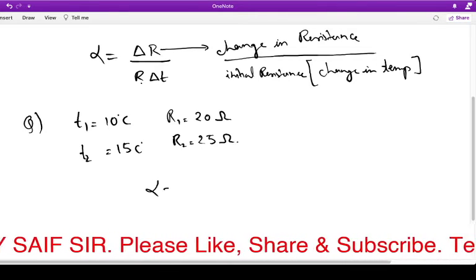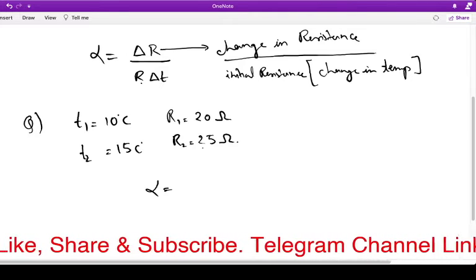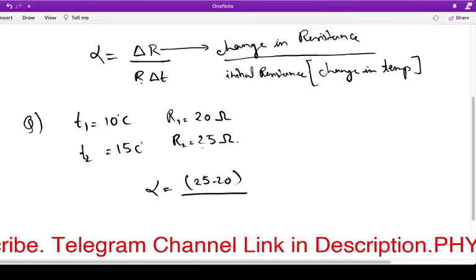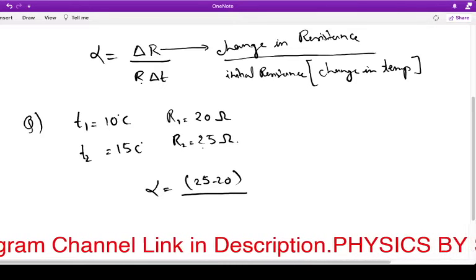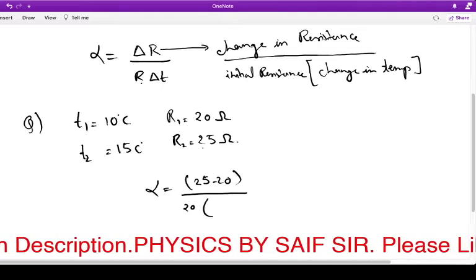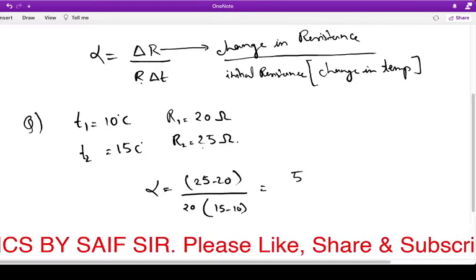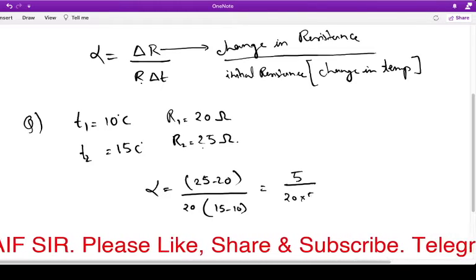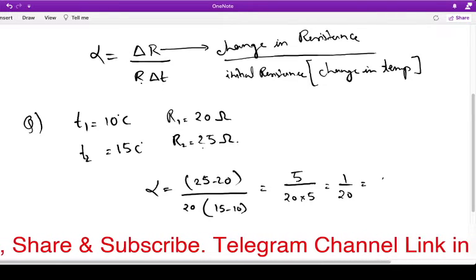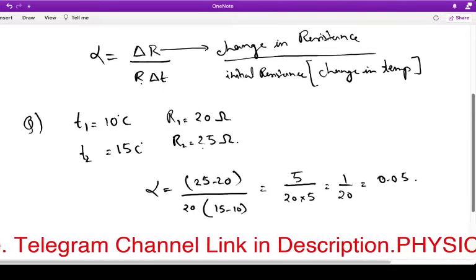Alpha is equal to the change in resistance, that is 25 minus 20, by the initial resistance R1, 20 ohm, into the change in temperature, that is 15 minus 10. That is 5 by 20 into 5, which is equal to 1 by 20, and that implies 0.05. This is the temperature coefficient of resistance.